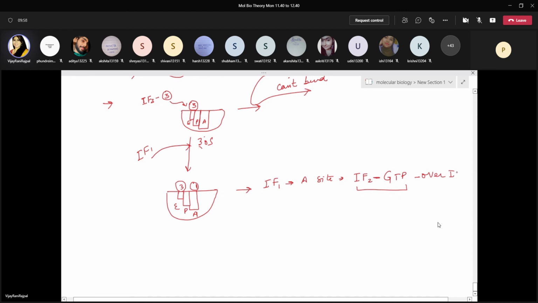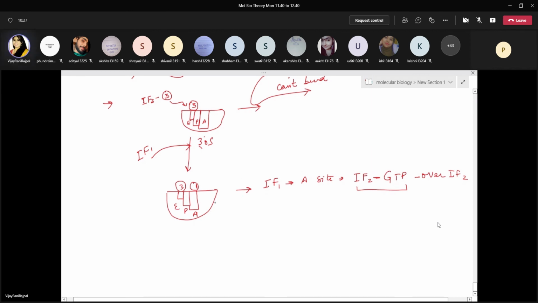In the next step, I'll show you. This is positioned in a way that it reaches to the P site and is also able to interact with fMet tRNA fMet that will join the P site. You know, the first fMet is delivered on the P site. All the subsequent amino acids are delivered on the A site. I hope we know this.